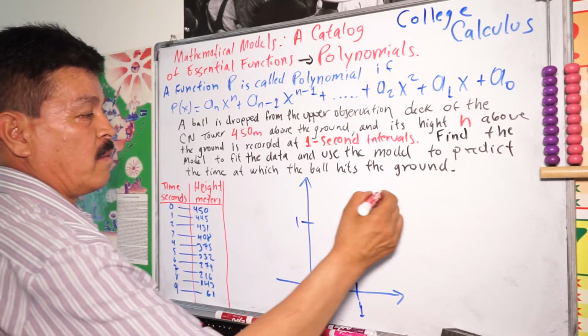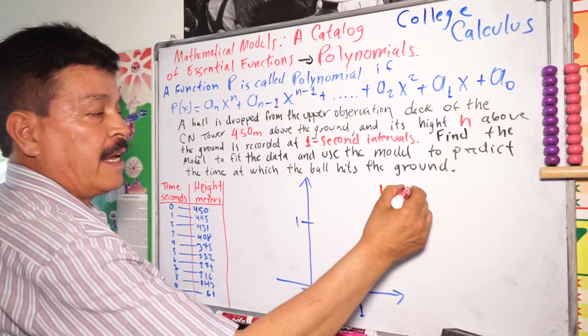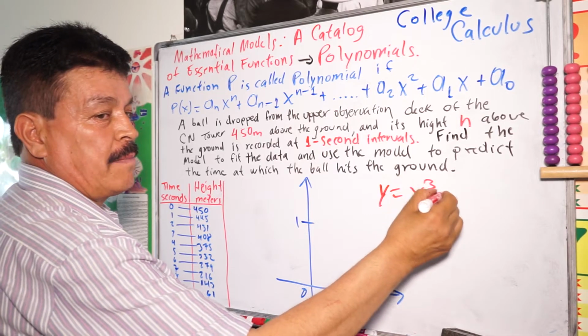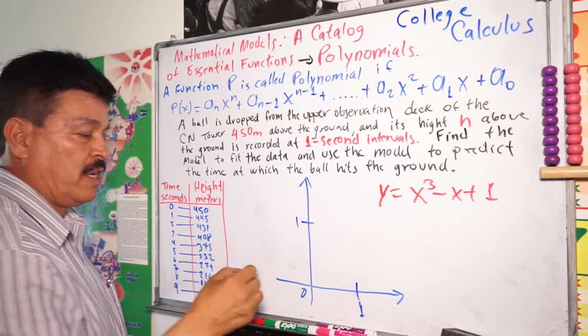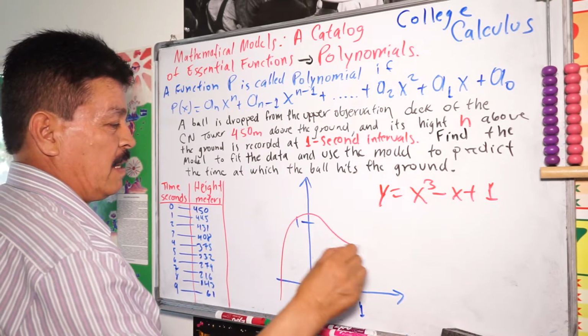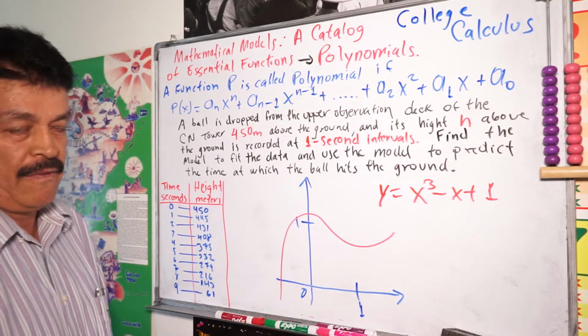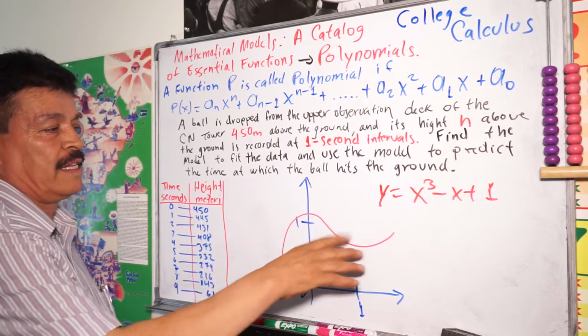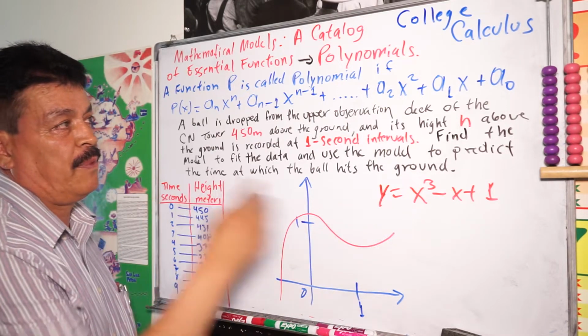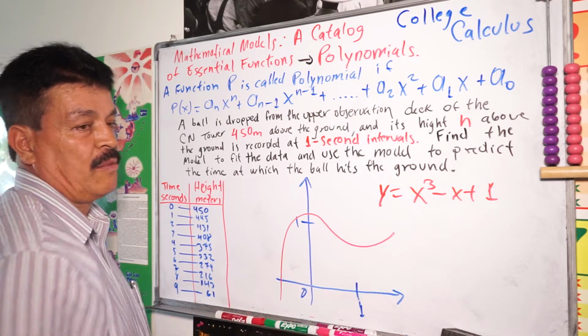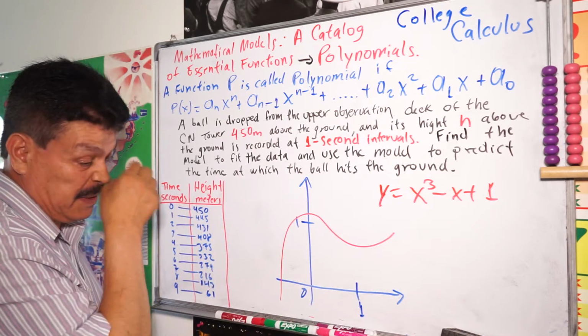If you write y equals x to the 3rd power minus x plus 1, this function you can draw like this in the graph. You can make a picture like this. This function is a cubic polynomial, because its degree is three.